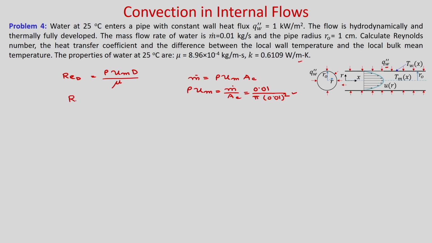Now, Reynolds number you can calculate: 0.01 by pi 0.01 square into diameter is again 0.01 into 2, divided by mu, 8.96 into 10 to the power minus 4. So, Reynolds number from here if you calculate you will get 710. Okay. So, this is obviously less than 2300. So, the flow is laminar.